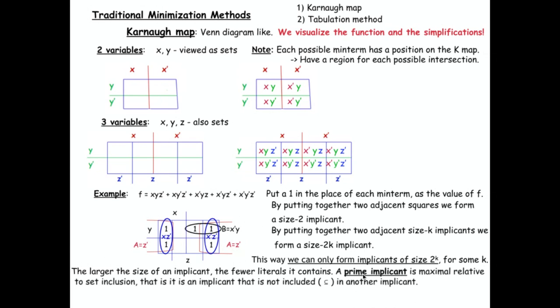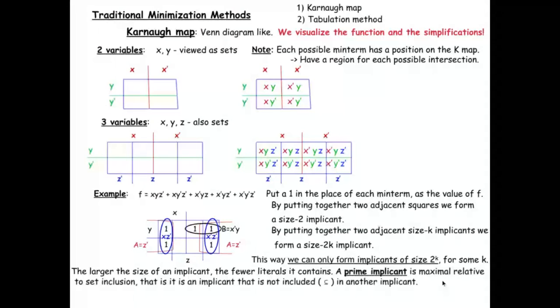A prime implicant is maximal relative to set inclusion. That is, it is an implicant that is not included in another implicant, right? So we'll see an example of that in a second.